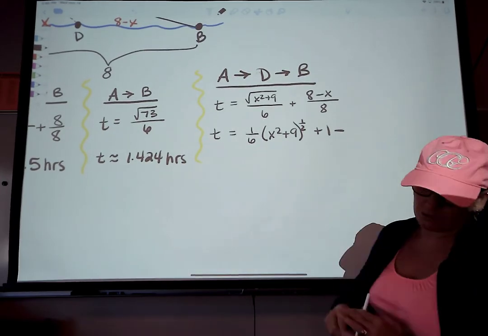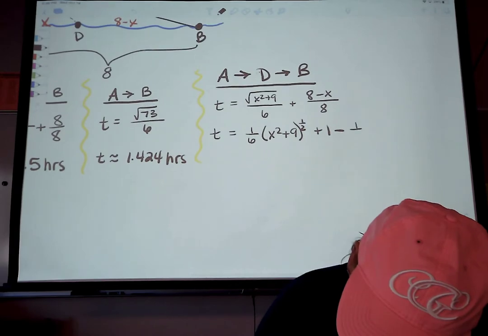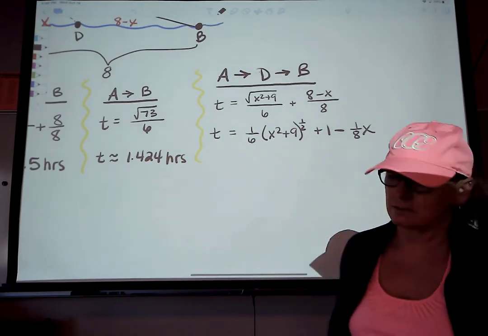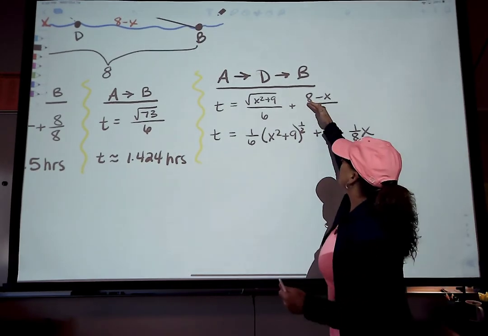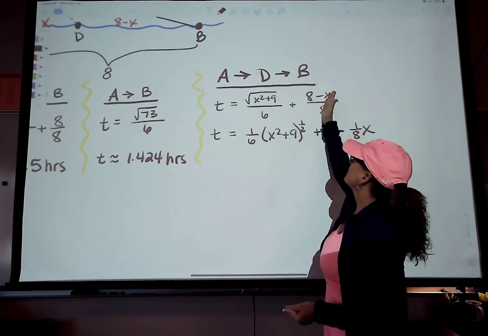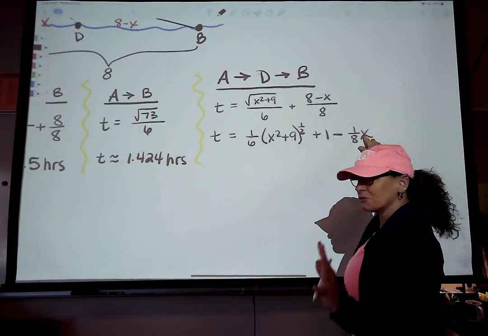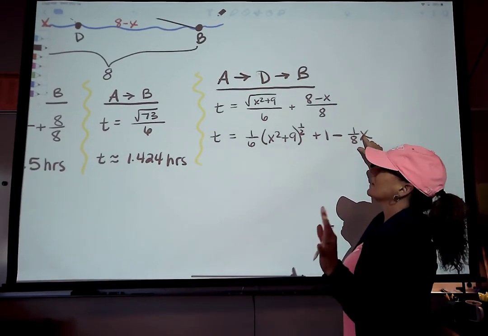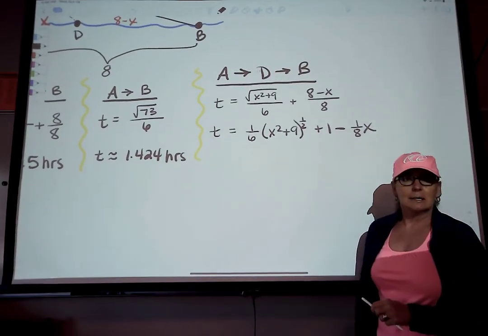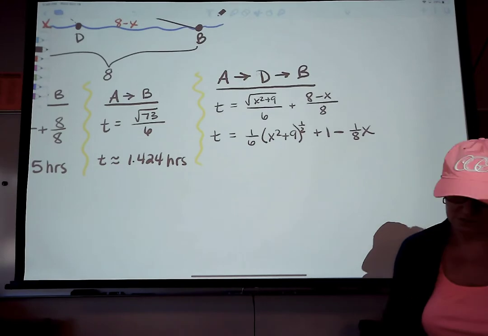So 8 over 8 is 1 minus x over 8, or since I'm getting ready to do a derivative, I just wrote it as 1/8 x. Okay? I think it's good. Let's do it.